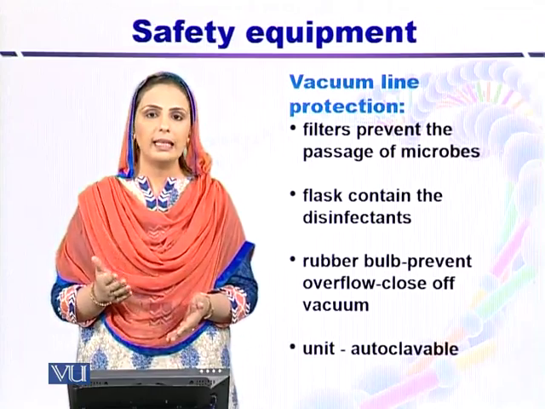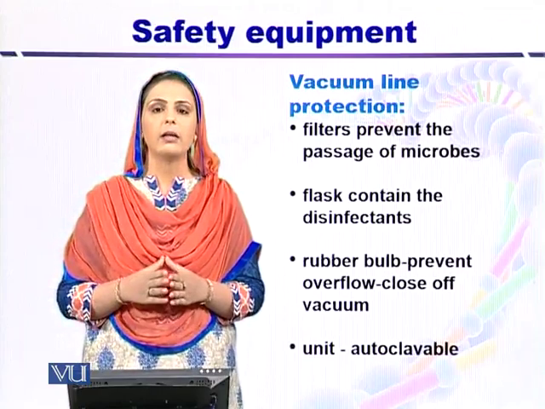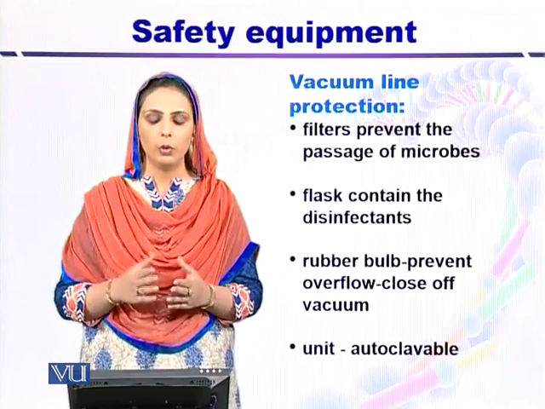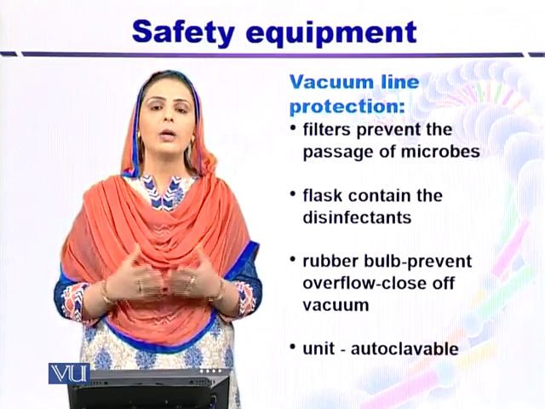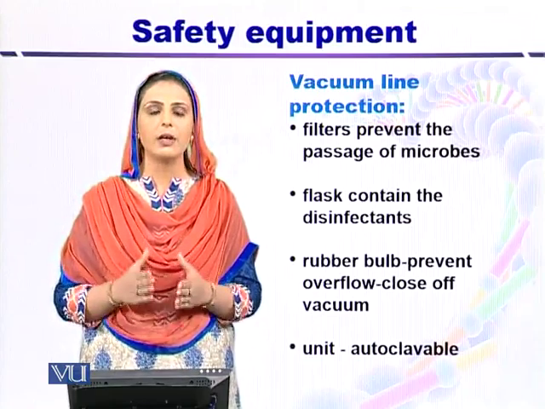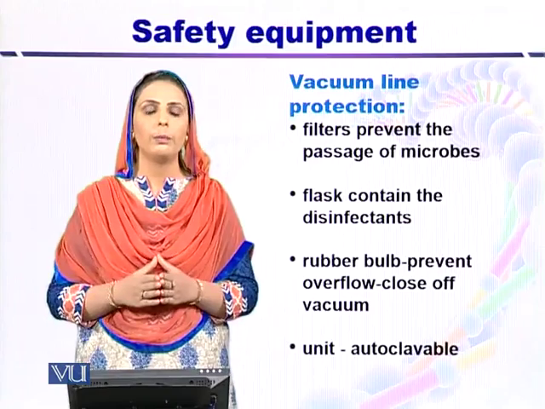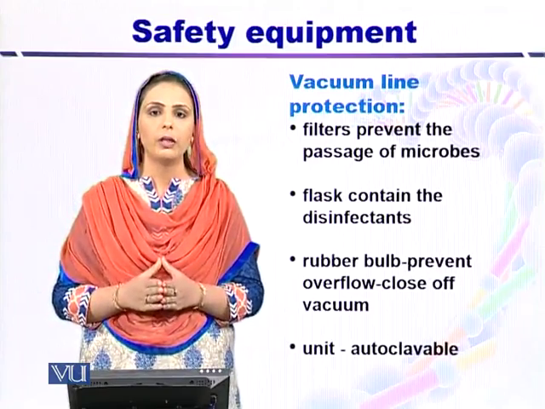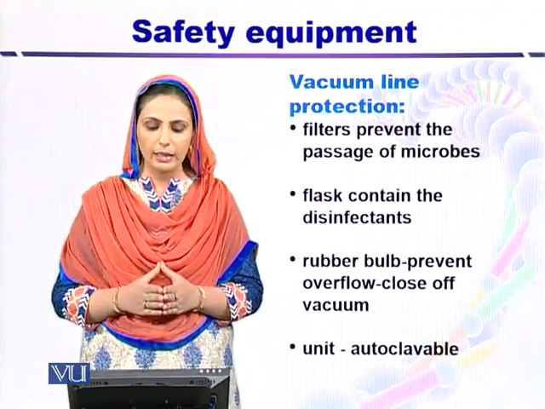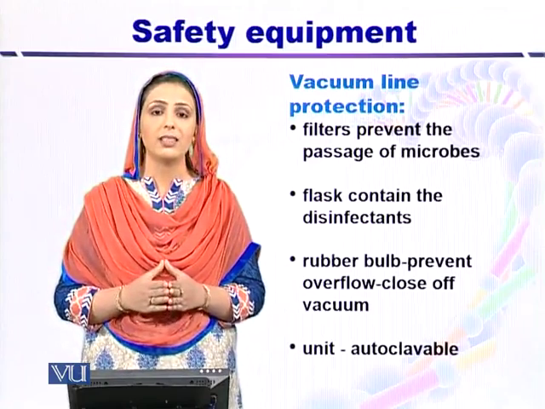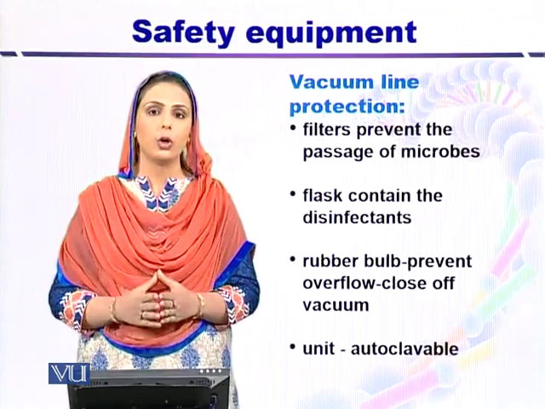Flasks basically contain the disinfectants and the rubber bulb prevents the flask from being overflowed with the disinfectant. Now how does this happen? This rubber bulb prevents the overflow because of the close off vacuum that occurs automatically. And the interesting thing is that the whole vacuum line protection system or unit is autoclavable.